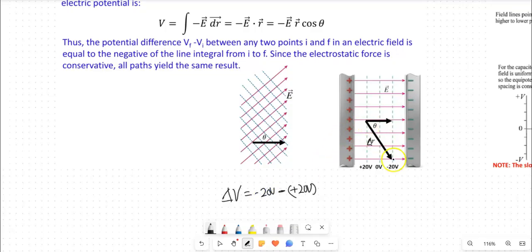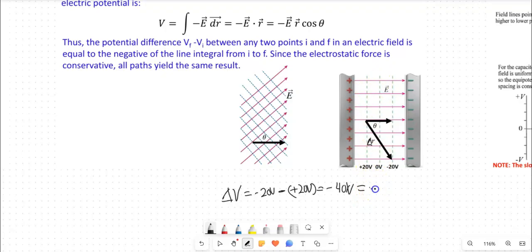So this path is going to be a negative 40 volt change in voltage. Now, this motion is not perfectly parallel to the electric field, and it's not perfectly perpendicular to the electric potential lines, or voltage lines.